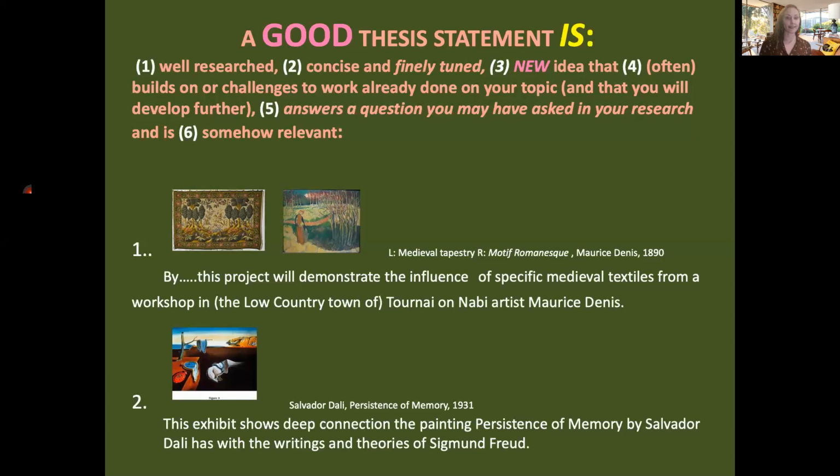So here's an example that I kind of came up with. Don't quote me on it. So you could say, by comparing textiles and artworks from X, Y, and Z, this project will demonstrate the influence of specific medieval textiles from a workshop in the low country town of Tournai on Nabi artist Maurice Denis.